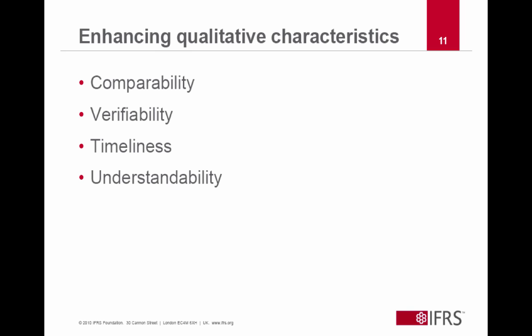Understandability almost goes without saying. The more understandable the information is in financial reports, the more relevant it will be to financial statement users. Understandability talks about how we would strive to make information as accessible as possible.